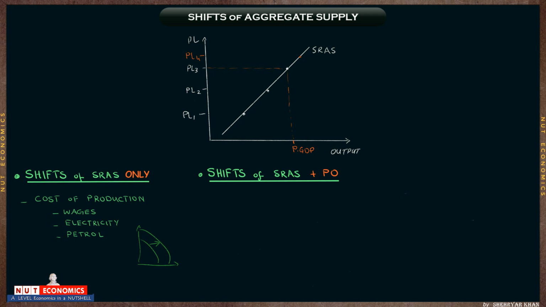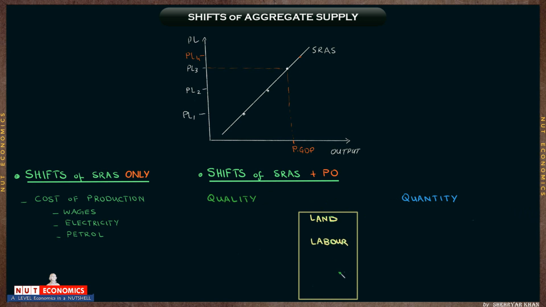There, remember, we learned that the productive capacity of a country is dependent upon the quantity and quality of the four resources: land, labor, capital, and enterprise. And if either the quantity or the quality of any of these four resources that a country possesses increases, we learned that the country's productive capacity will increase, its PPC will shift outwards.